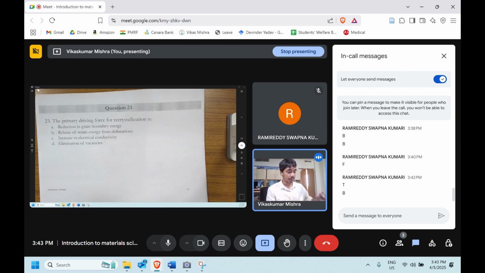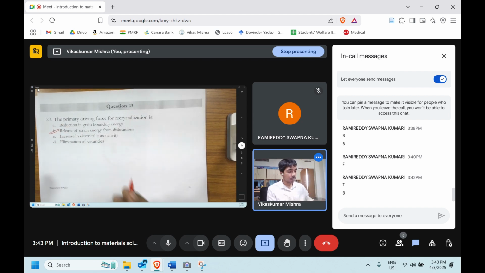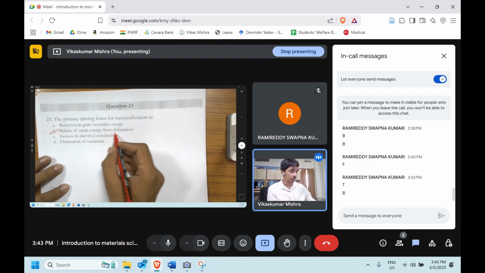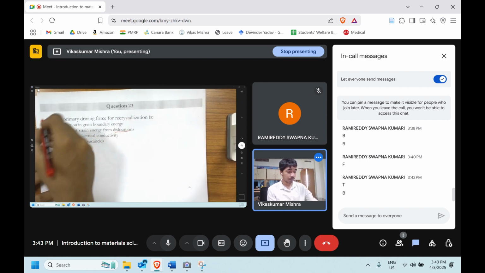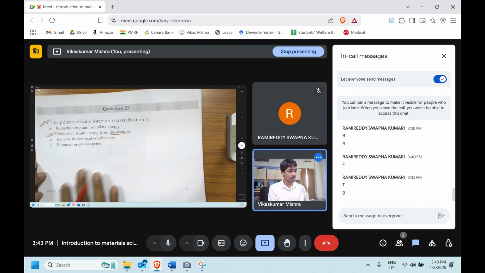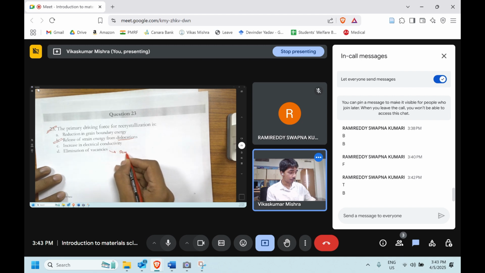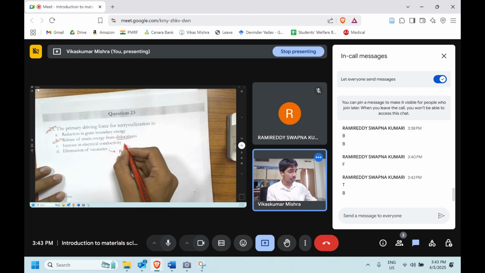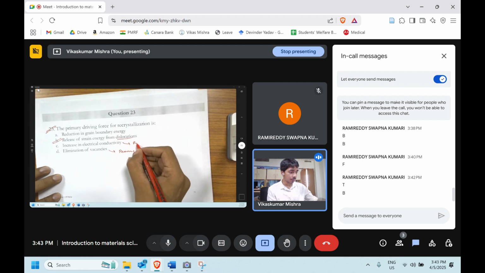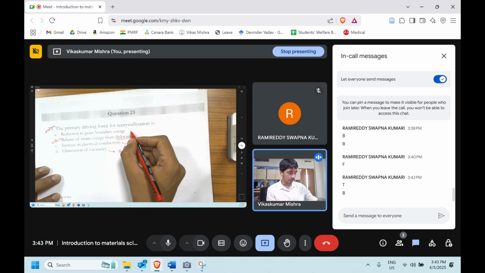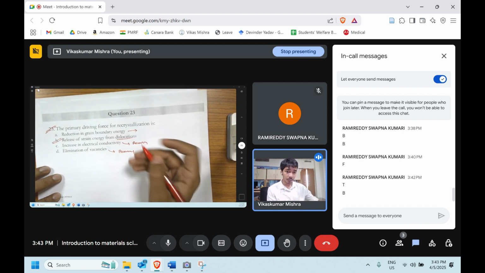It's option B, relief of the strain energy from the dislocation. Elimination of vacancy takes place in the first stage, that is recovery. Increase in the conductivity also takes place in the recovery. Reduction in the grain boundary energy is a driving force for the grain growth.